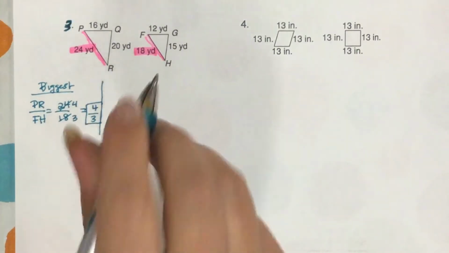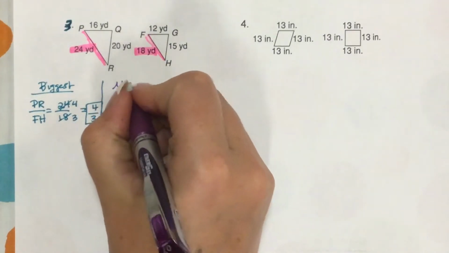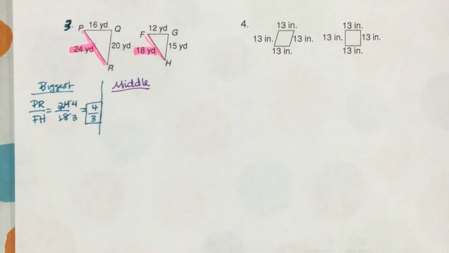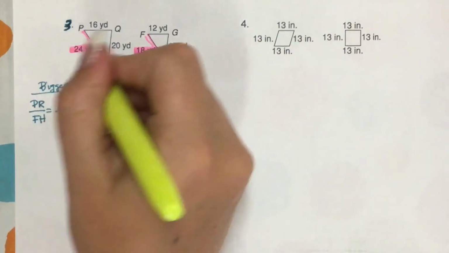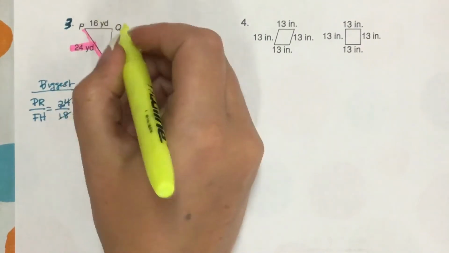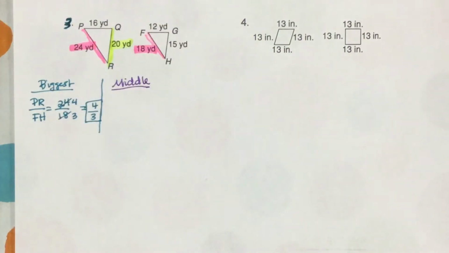Okay, perfect. Let's go on to the middle side. So the middle side for the big triangle, which is going to go on top, the middle number is 20. So that side is QR.